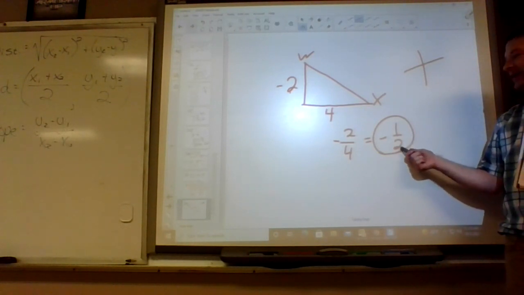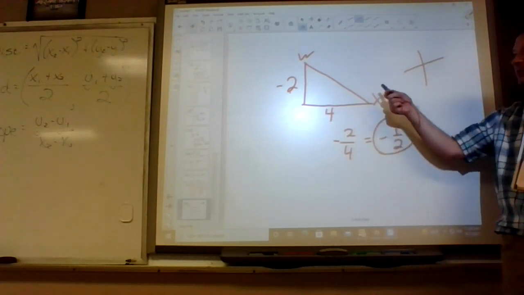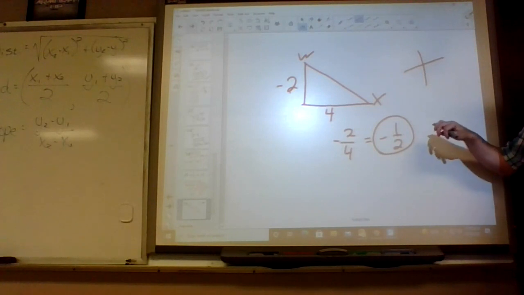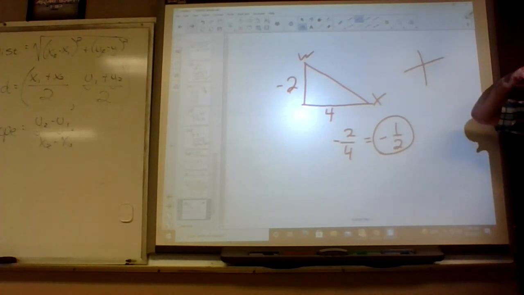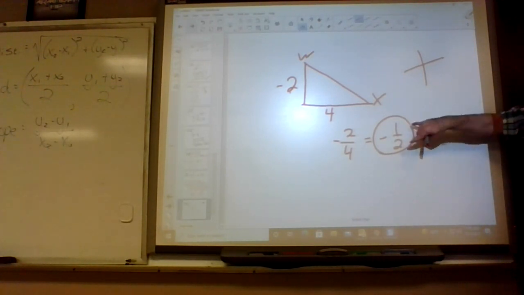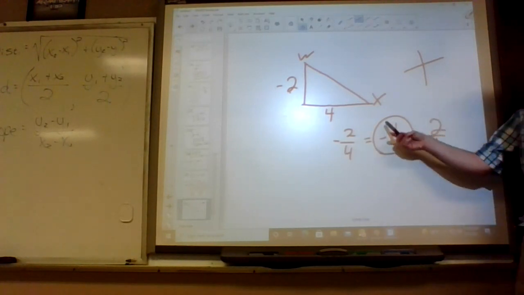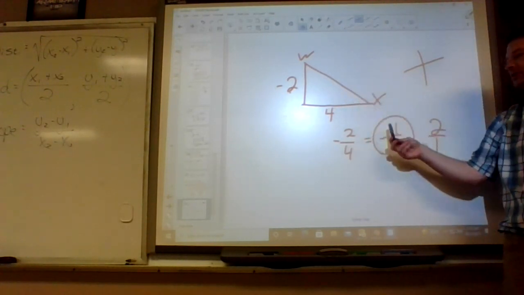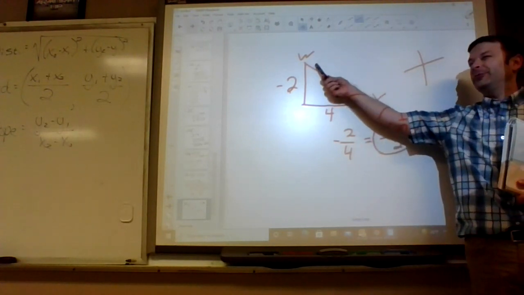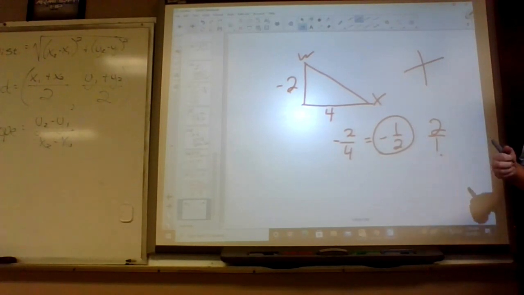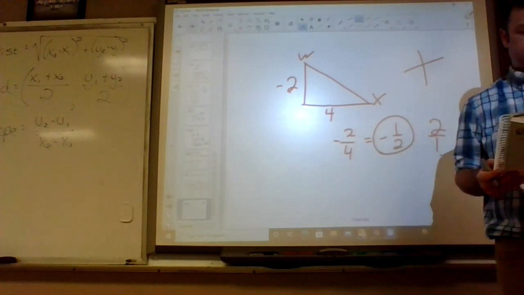If negative 1/2 is the slope for this line, remember how we found the perpendicular slope? It's the opposite reciprocal, positive 2 over 1. So the perpendicular line should have a slope of 2 over 1. That's how you figure out 32.